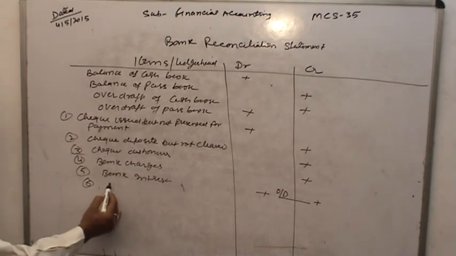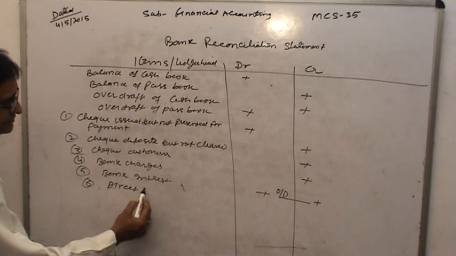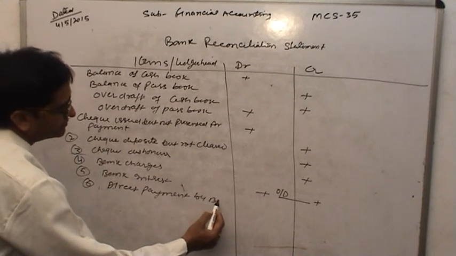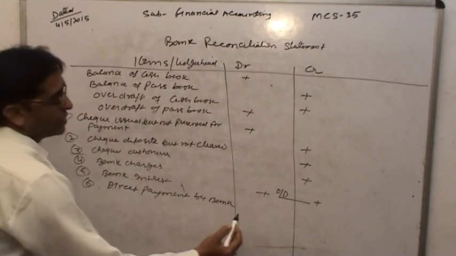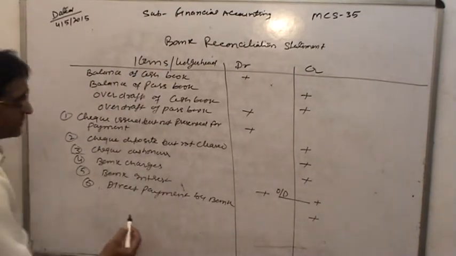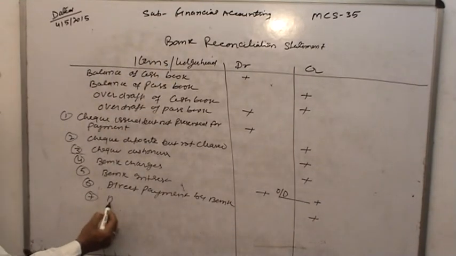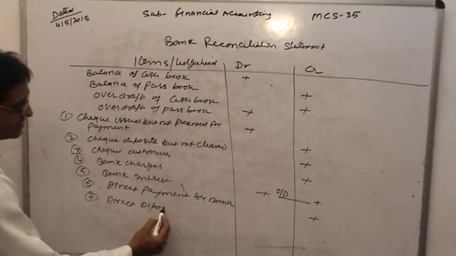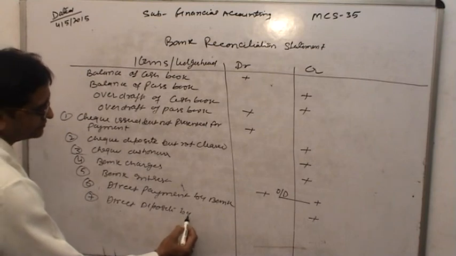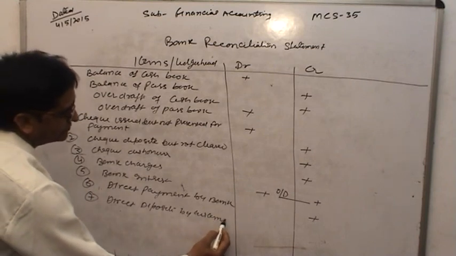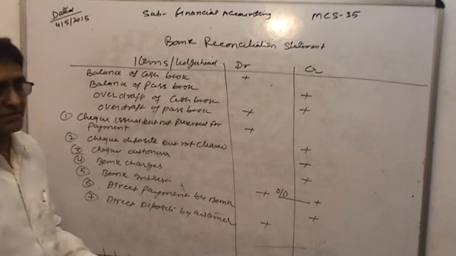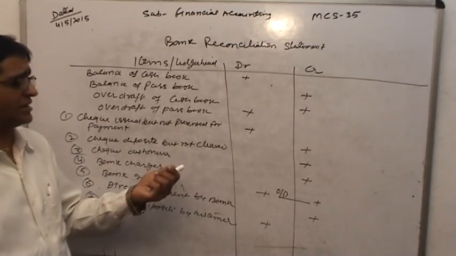Then direct payment by bank is always credited. Then direct deposit by customer is always debited.